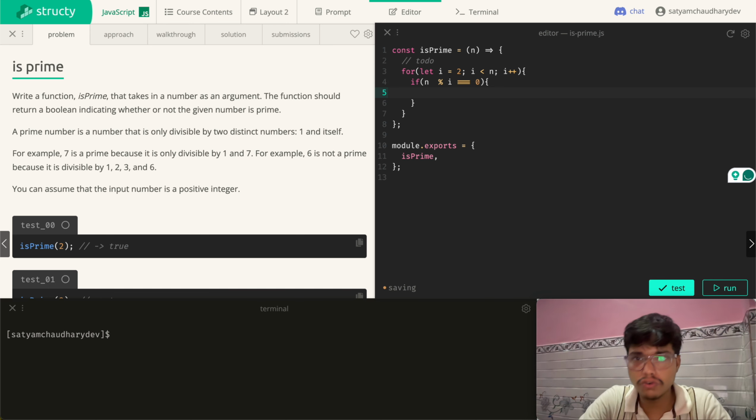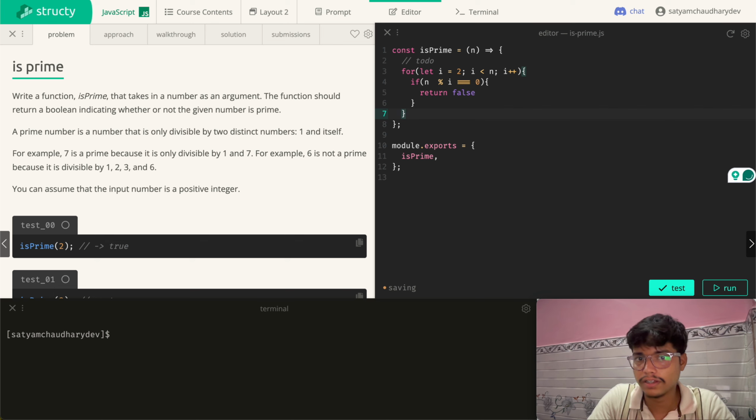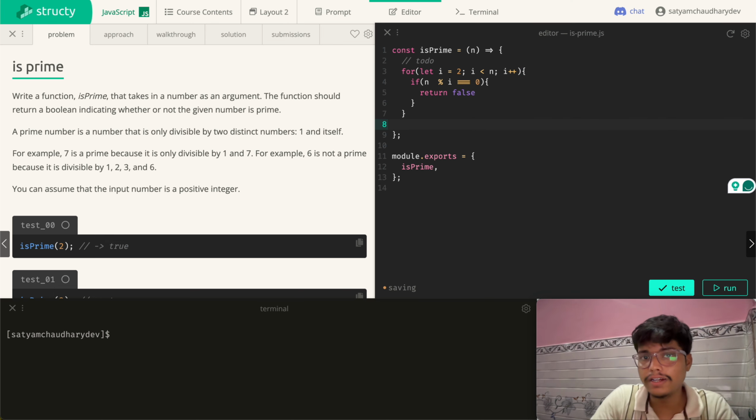So we can just return false, which means the number is not a prime number.